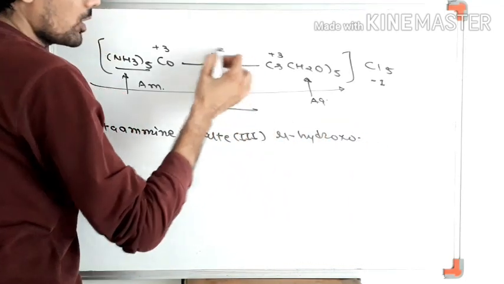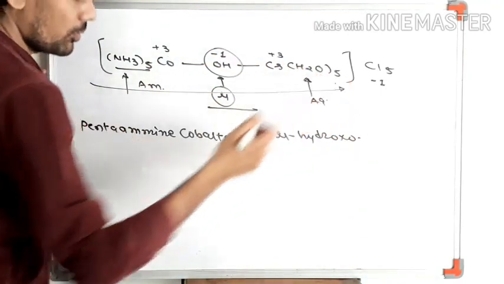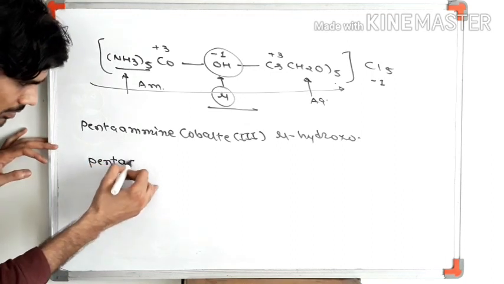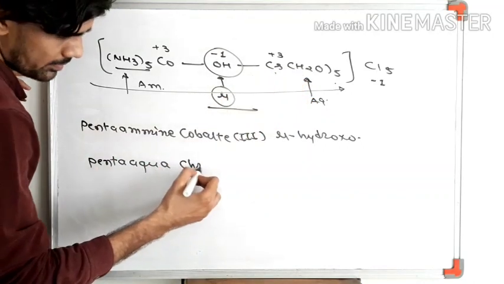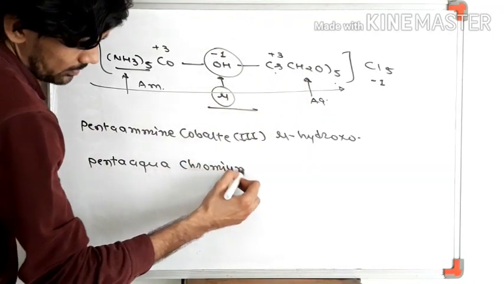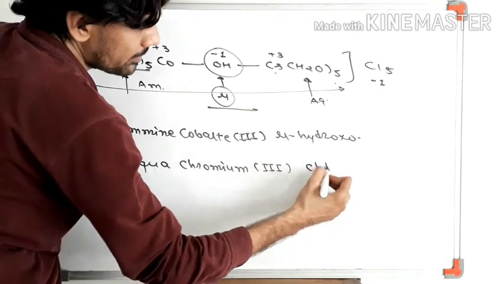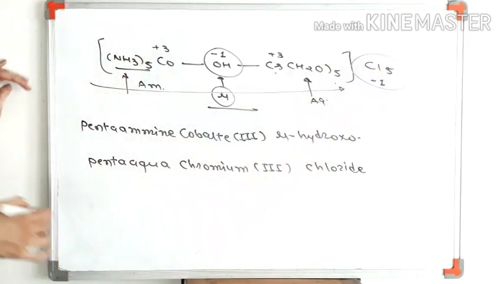Why mu? Because hydroxo is combined with both metal ions. Mu-hydroxo. Now pentaaquachromium(III) chloride. You cannot apply chloride as a ligand because it is not a ligand. Clear? Now the next one.